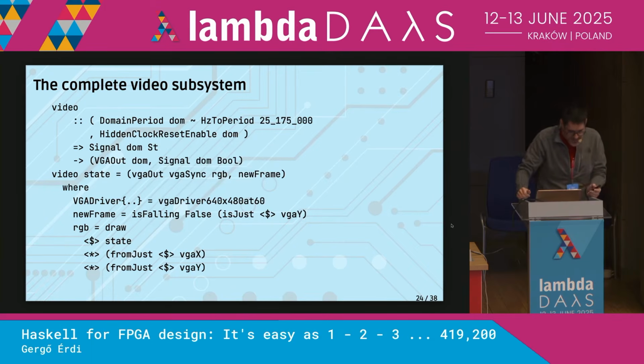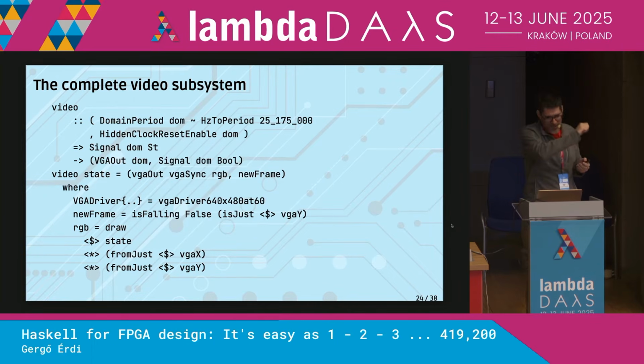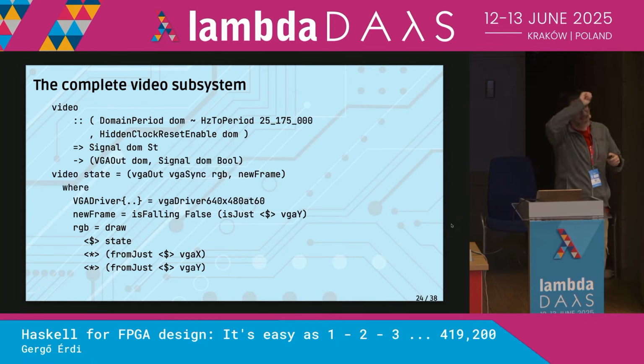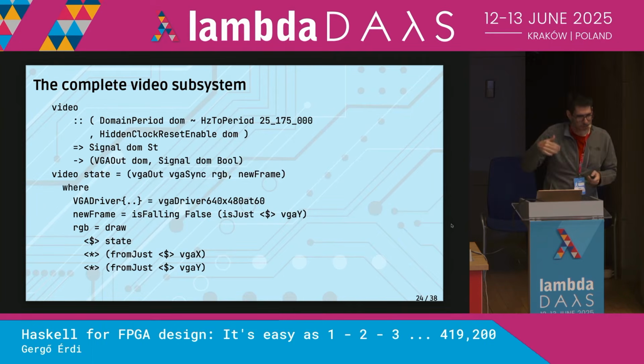So Clash has this combinator called isFalling, which basically says when the justness of the y-coordinate goes from true to false, then it triggers. Then it will have to wait until it becomes true again, and then false again, and that's going to be the next time it fires. So it's the falling edge detection of the justness of the VGA y-coordinate.